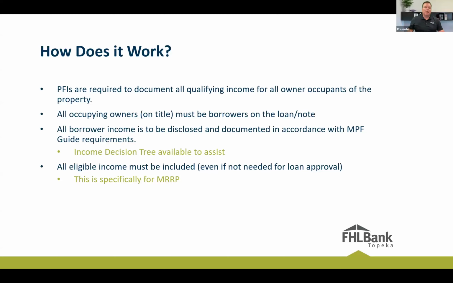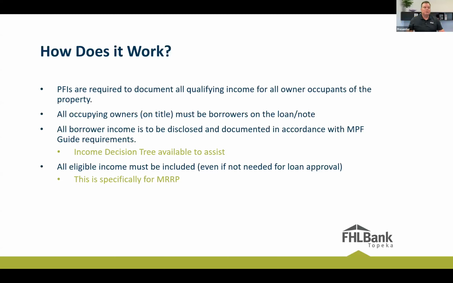And what we mean by that is that you can't leave an eligible borrower off the loan simply to qualify for this product. So a husband and wife both working, you can't leave one of them off and they qualify knowing that that income exists. If they are both eligible for a loan, their incomes need to be included.